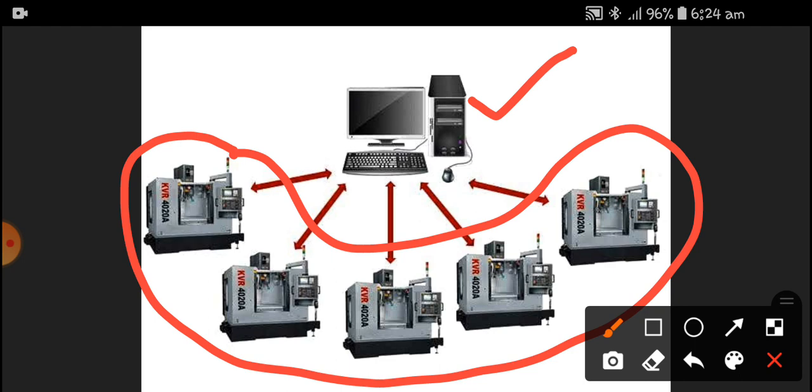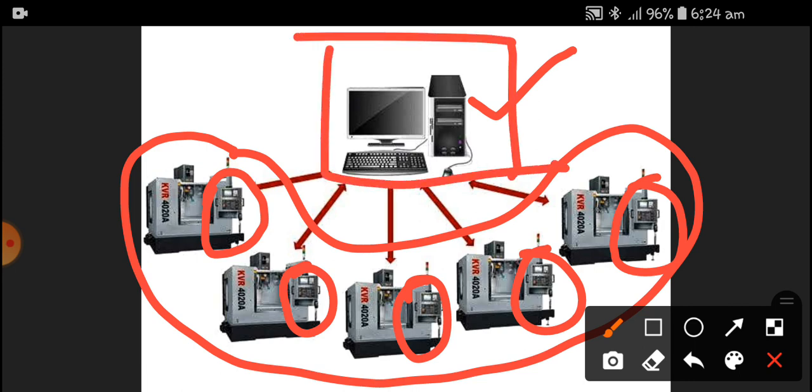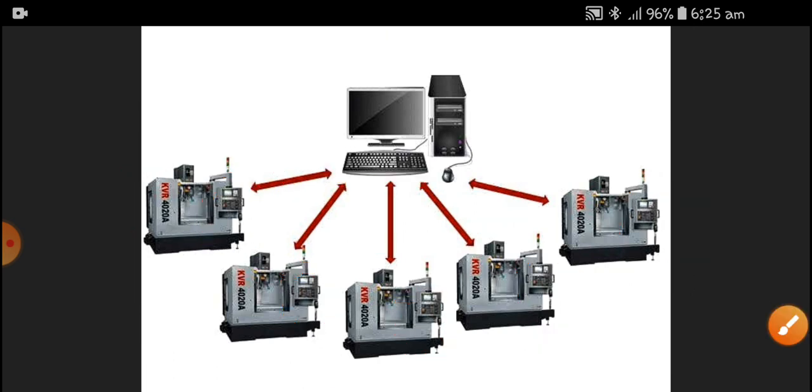Even though each machine has a small computer, the code conversions, code creations, feedbacks and other data are stored in this supercomputer. So a single supercomputer controls several machines, which is called direct numerical control, or DNC.